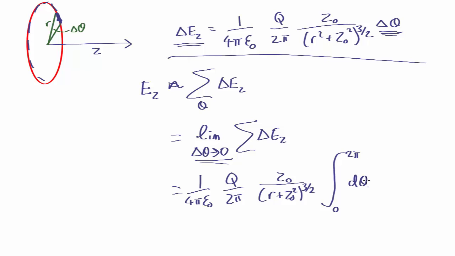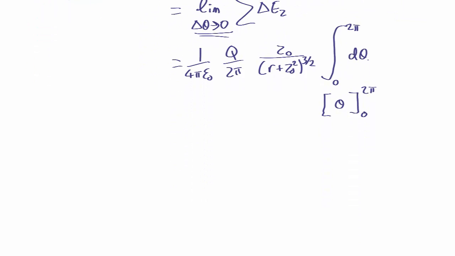Now that's a pretty easy integral. I hope you can all do that one. It's just going to be theta, so that goes to theta from 0 to 2 pi, which of course comes out as 2 pi. So what we find is that the z component of the electric field is just 1 over 4 pi epsilon naught q.